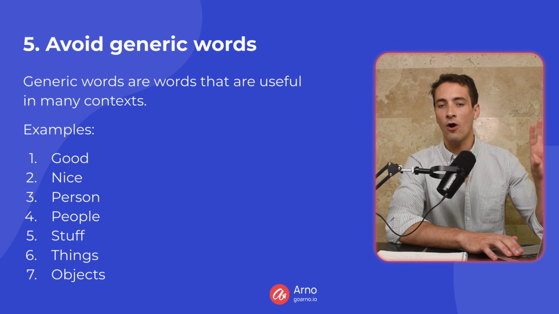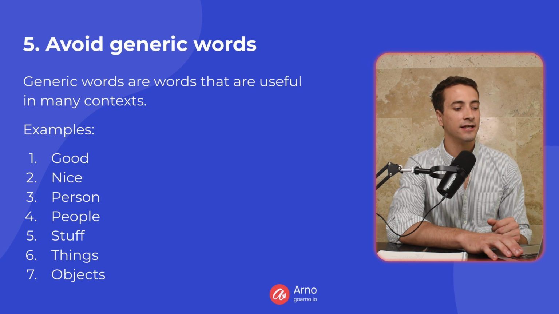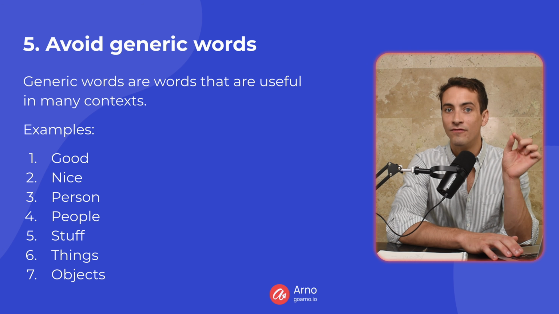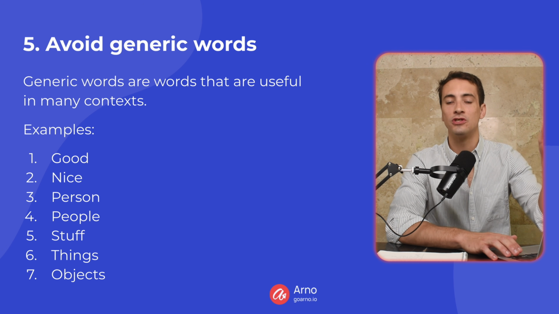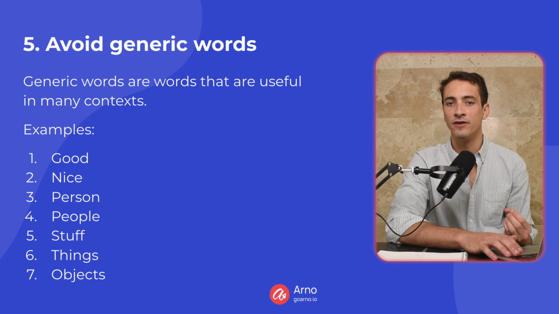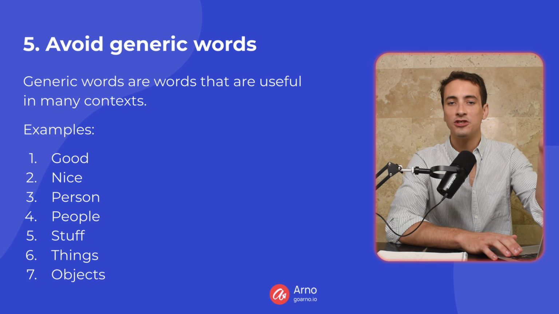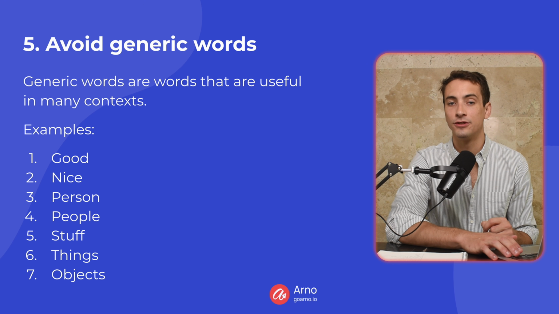So these words aren't wrong. However, they aren't going to get you many points. The reason is because they're not very precise. Because they can be used in so many different contexts, they don't do as good of a job describing specific aspects of a specific image.